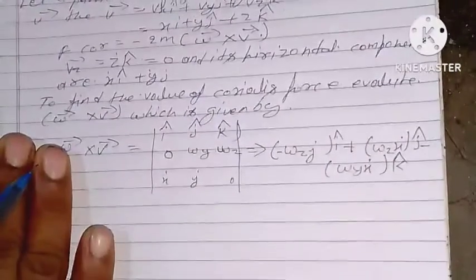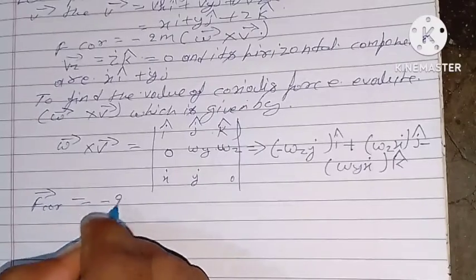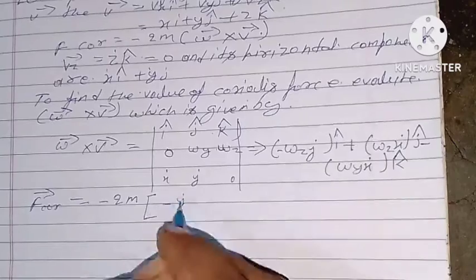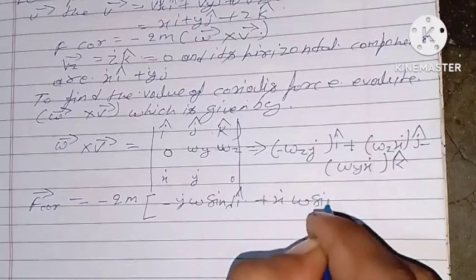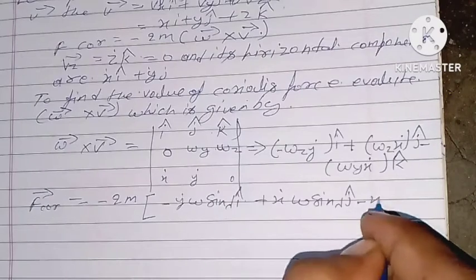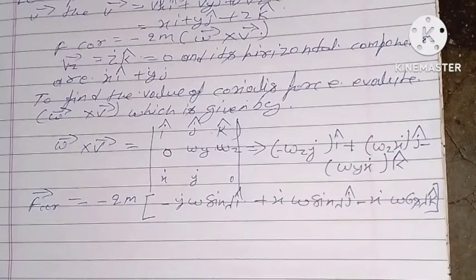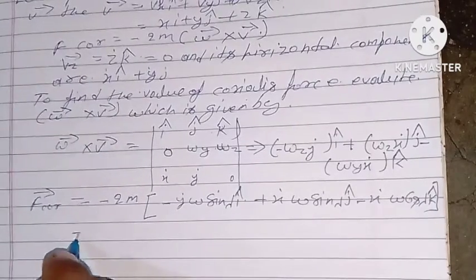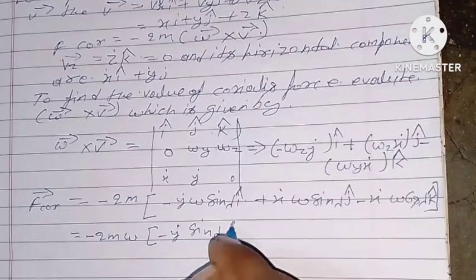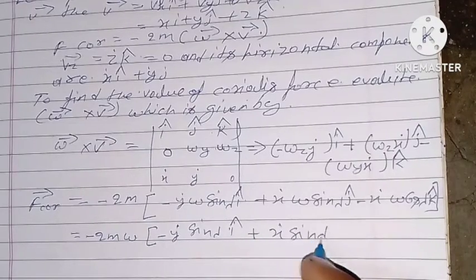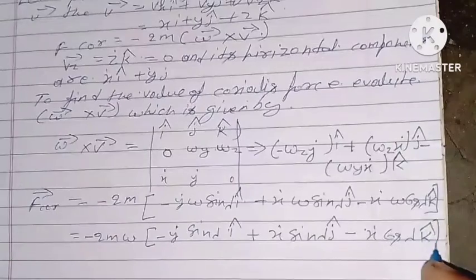Then the Coriolis force is minus 2m in bracket minus y dot omega sin lambda i plus x dot omega sin lambda j minus x dot omega cos lambda k, which equals minus 2m omega in bracket minus y dot sin lambda i plus x dot sin lambda j minus x dot cos lambda k. This is equation number 1.